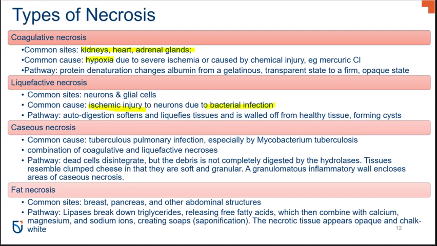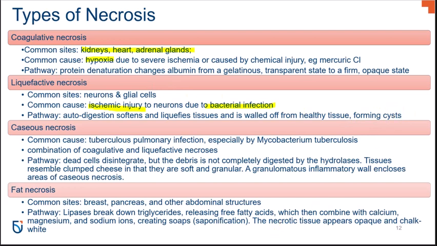So it could be staph, it could be strep, or E. coli. And what happens is there is this autodigestion of the tissue that occurs, and it causes the tissue to soften and liquefy, hence the name liquefactive necrosis. And so the area that's affected is segregated from the healthy tissues, forming cysts.